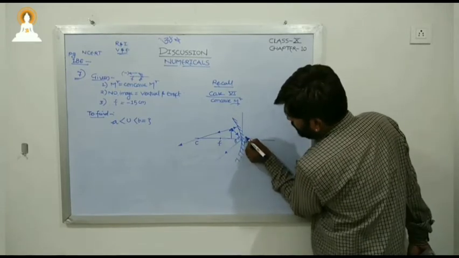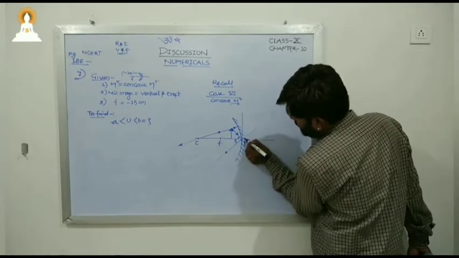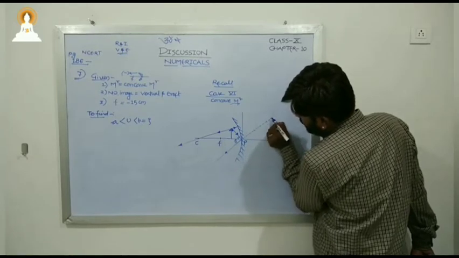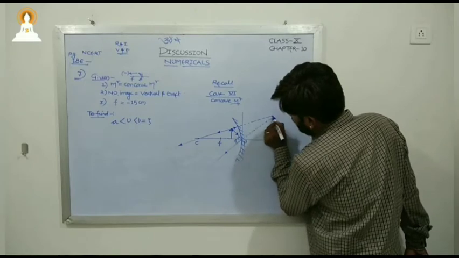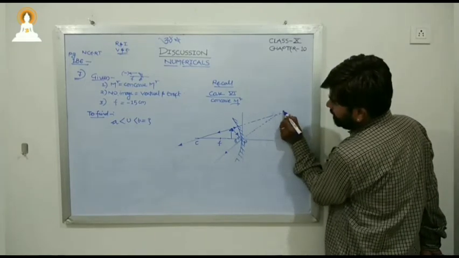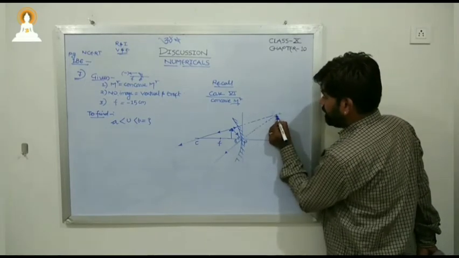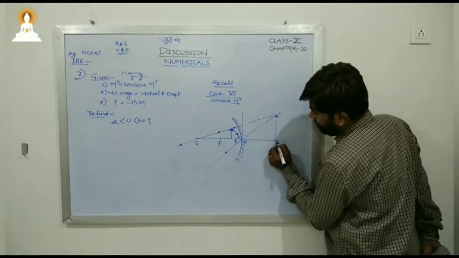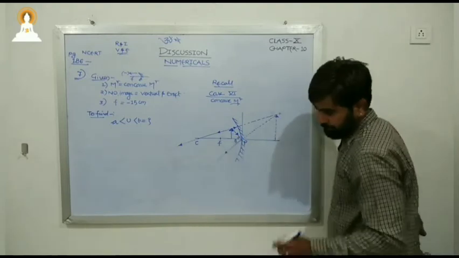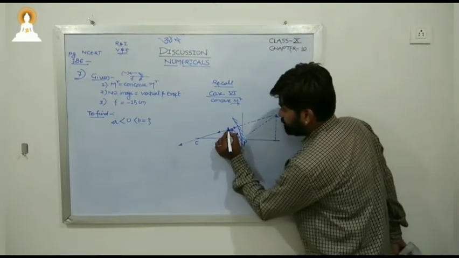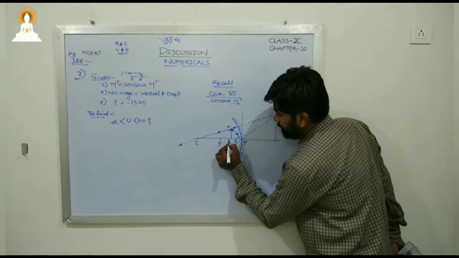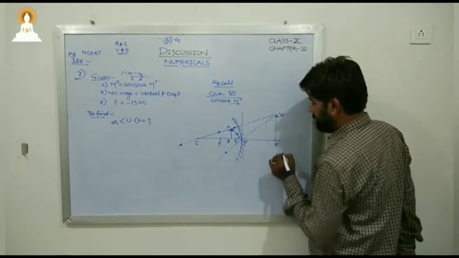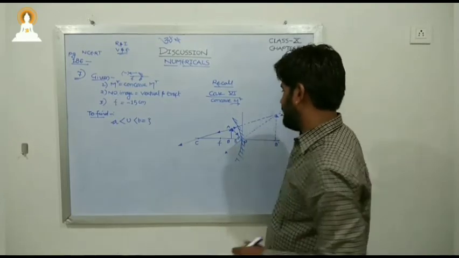Through this the image will be virtual and erect, here with a dash line. If the object is A and B, then the image is A dash and B dash. So this is the ray diagram.